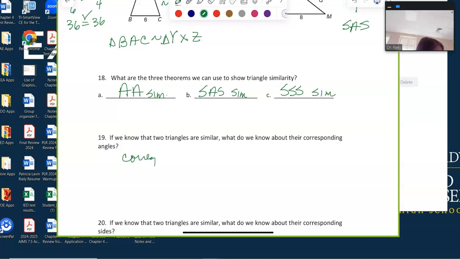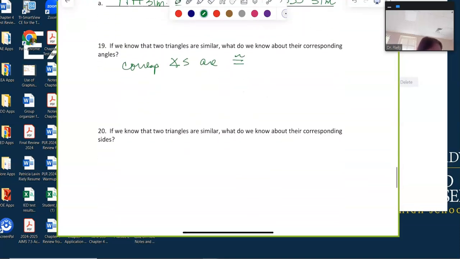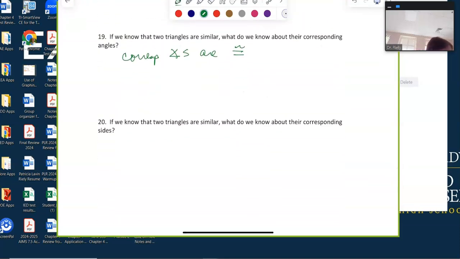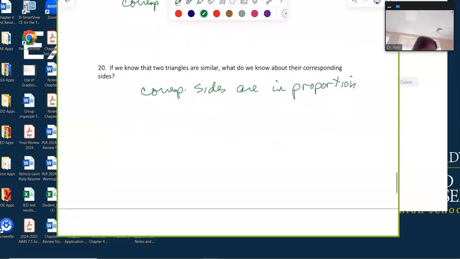So I'm going to say corresponding angles are congruent. If we know the 2 triangles are similar, what do we know about the corresponding sides? Corresponding sides are in proportion. Okay, those are your ratios.